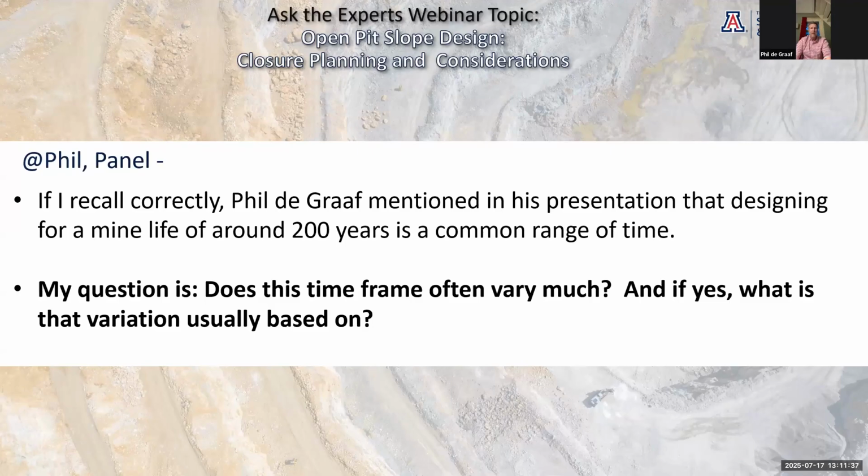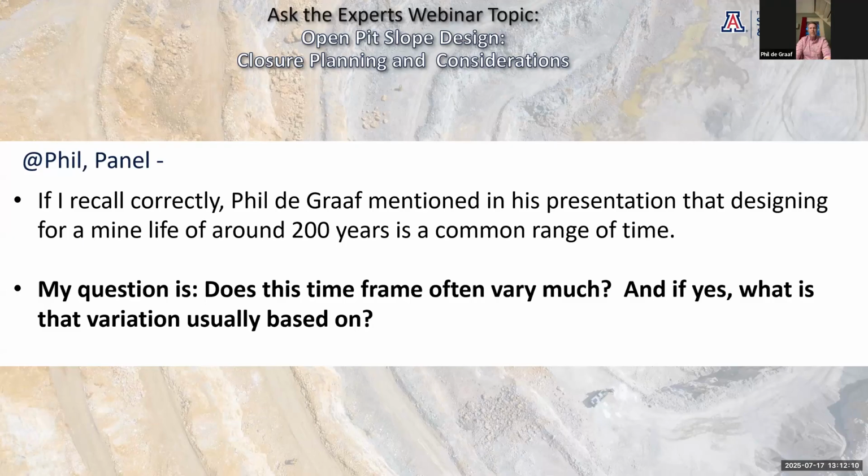So design life and warranty or guarantee are somewhat synonymous terms, because your design life is basically the period that the design is expected to be serviceable with minimal maintenance. So after much deliberation, we landed on a number of 200 years as a defendable number. You need to rely on some amount of engineering judgment, but there's some precedent that can support a 200-year design life.